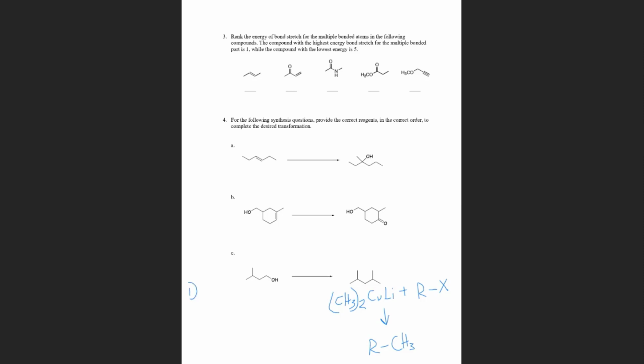So the first thing we could do, we can react with HBr to create that leaving group. Yeah, so we can react with HBr. Another, I would say that HBr is semester 1 or OChem 1.